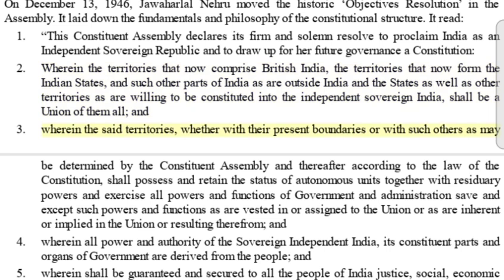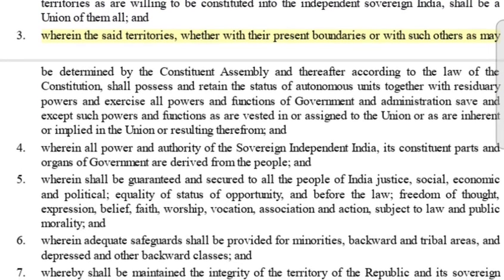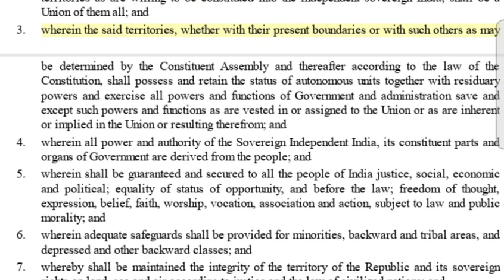Wherein the said territories, whether with their present boundaries or with such others as may be determined by the Constituent Assembly and thereafter according to the law of the Constitution, shall possess and retain the status of autonomous units together with residuary powers, and exercise all powers and functions of government and administration save and except such powers and functions as are vested in or assigned to the Union, or as are inherent or implied in the Union or resulting therefrom. And 4.